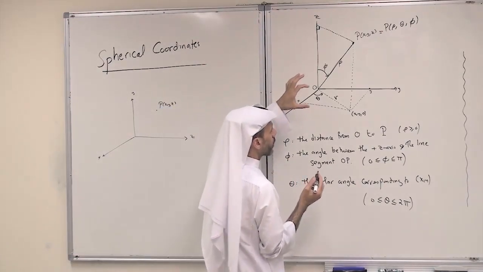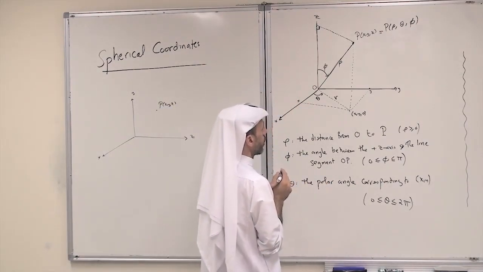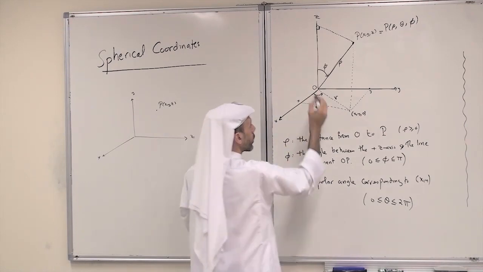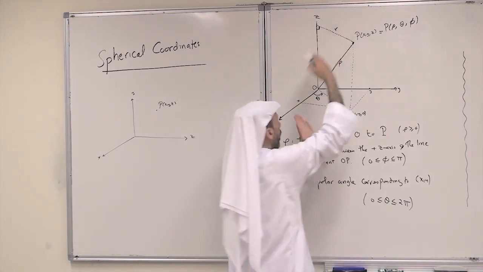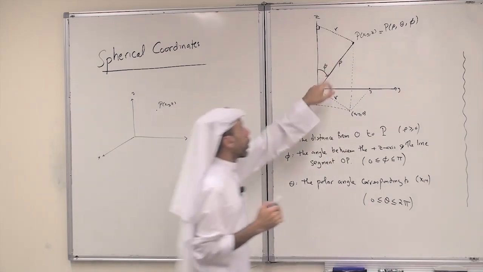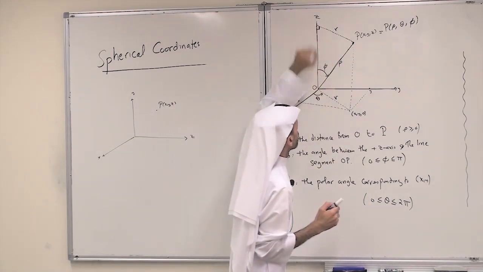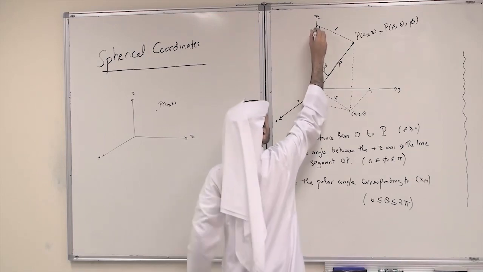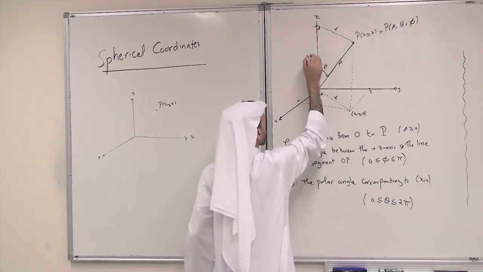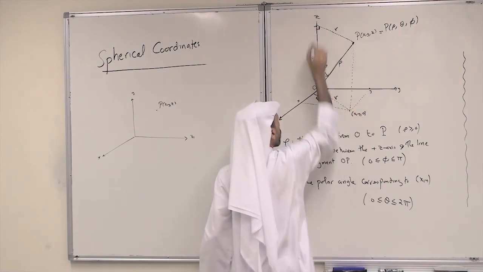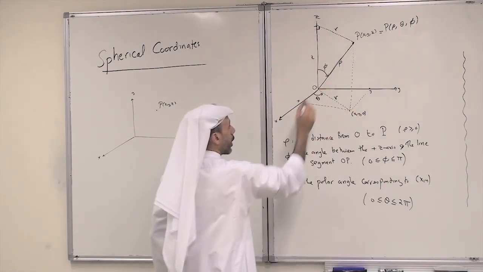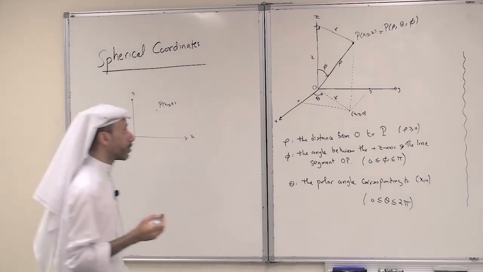Let's take first some basic relations from the graph. So this is r, and this is also r, so they are parallel, and this is rho, and this is the angle phi. From here to here, this is z, and this is x, and this is y.